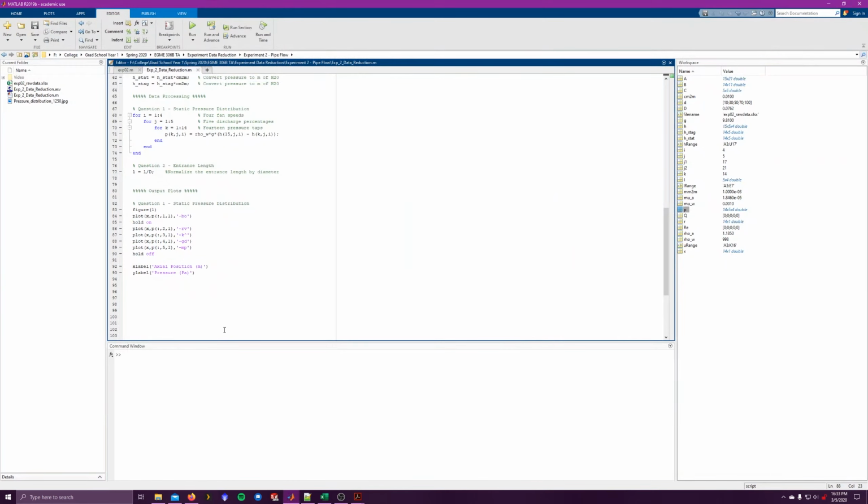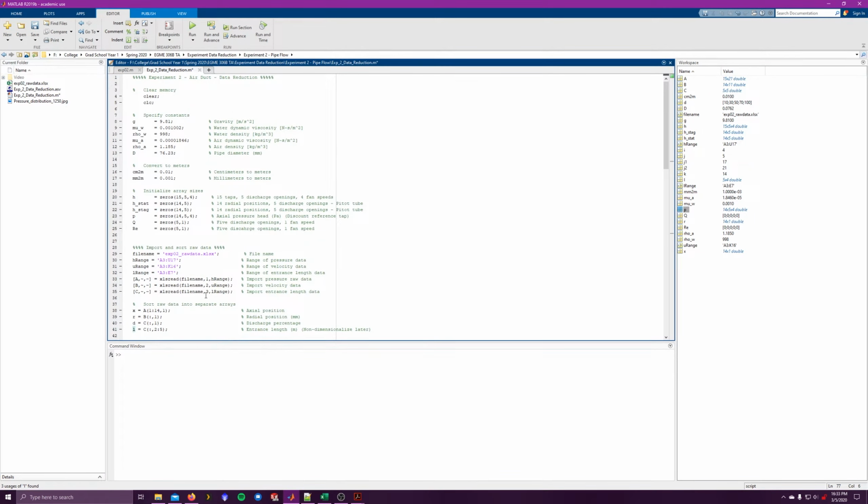But remember, the entrance length should be dimensionless. It should be some length, which is what we just found, L sub E, that's usually what we have. I'll just leave this as L though. And that's going to be the entrance length once we divide this by the diameter of the pipe. So remember in the beginning of the video, I imported my entrance length data already.